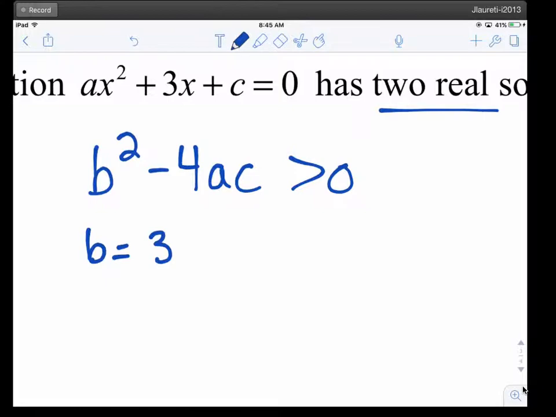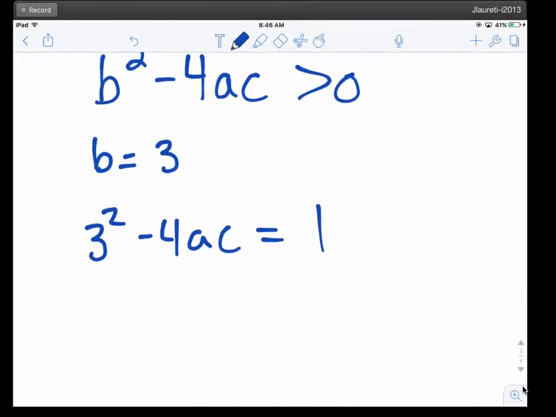So when I square that, I'm going to get 3 squared minus 4AC. I want to set that to really any positive number. You could do 1, yeah. 1's positive, right? So that's going to give me 9 minus 4AC is equal to 1.